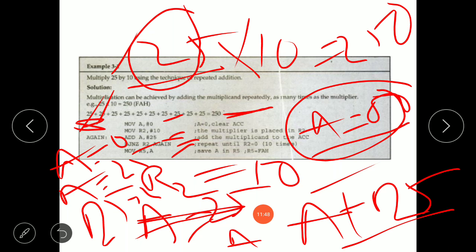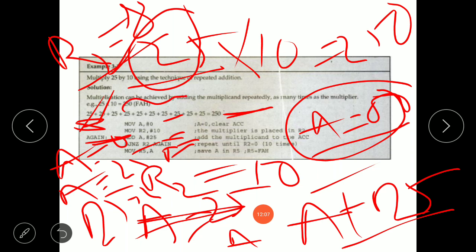Initially the R2 value was 9, now it will get decremented to 8. Since the value of R2 is not 0, this program will again jump to this loop. Now R2 equal to 8 means 8 more 25s need to be added.